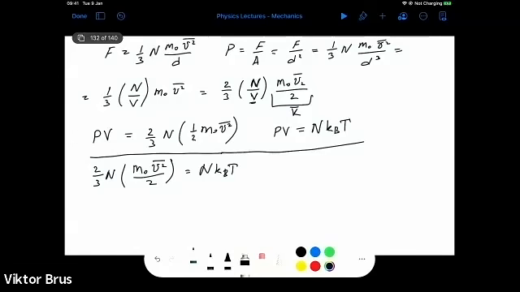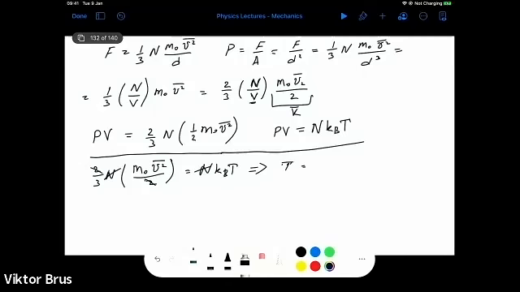So from here we see that N and N we can cancel out, and also these two cancel out, and we see that temperature we can express from this equation.